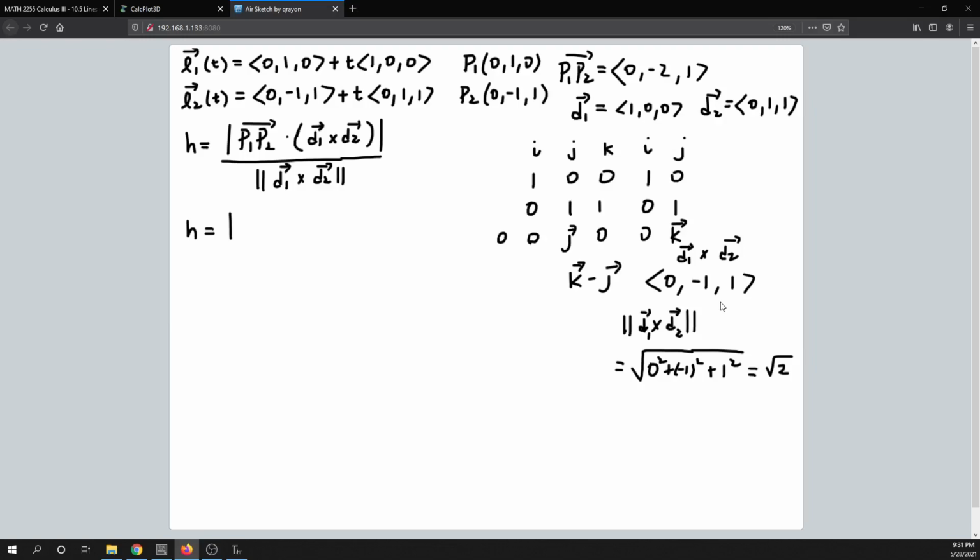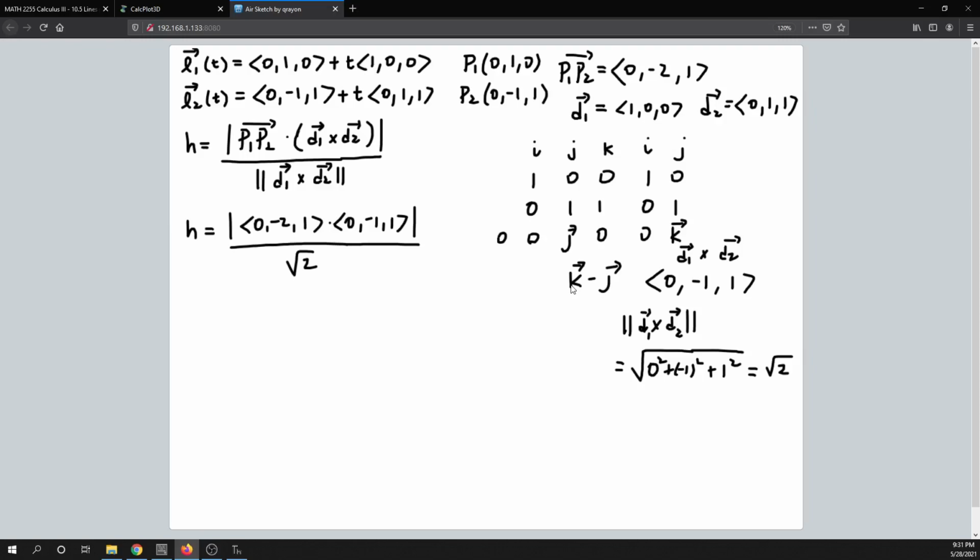The vector from P1 to P2 is 0, -2, 1. We are going to dot that with the cross product, which is 0, -1, 1. Take the absolute value of that, and then divide that by the square root of 2, which is the magnitude of the cross product of the direction vectors.